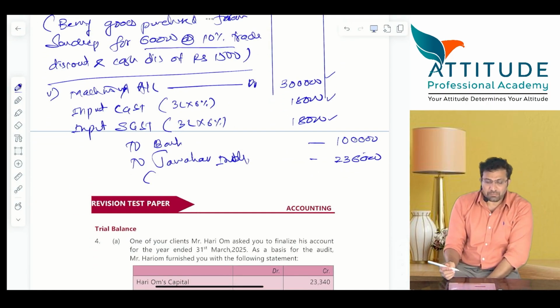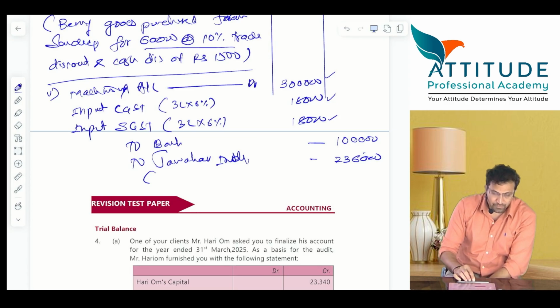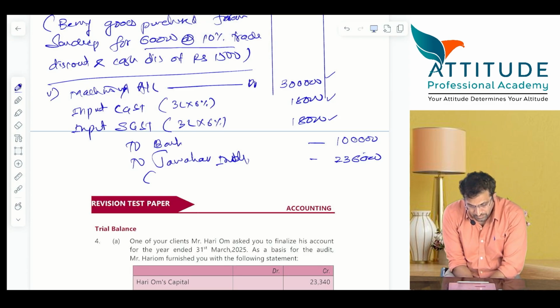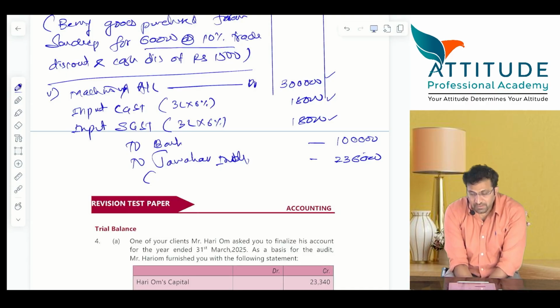Narration, being machinery purchased from Jawahar, CGST and SGST at 6% each.